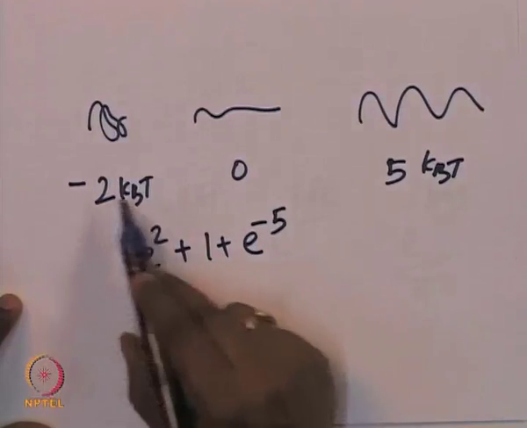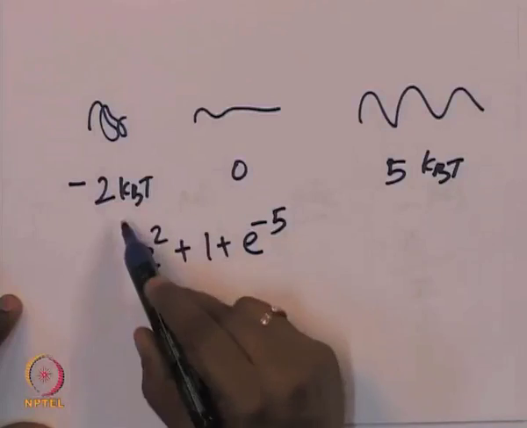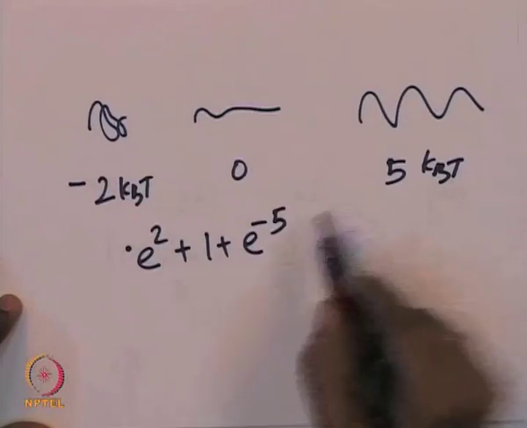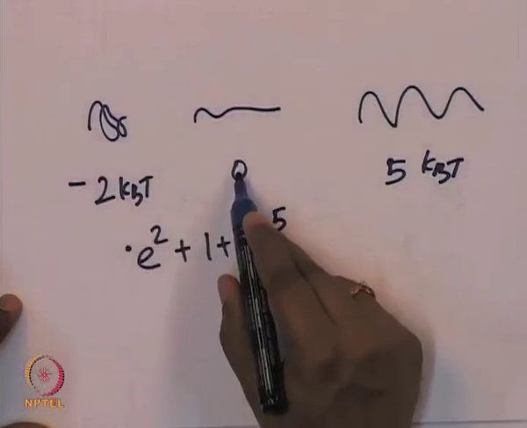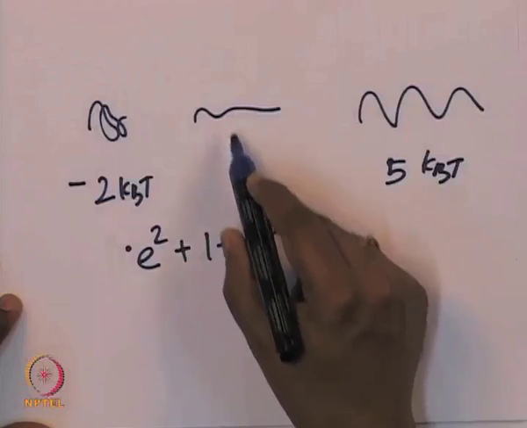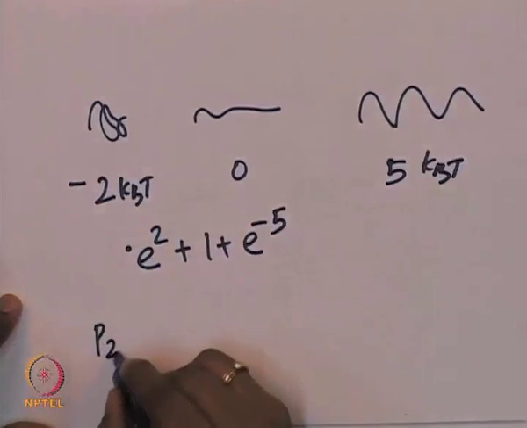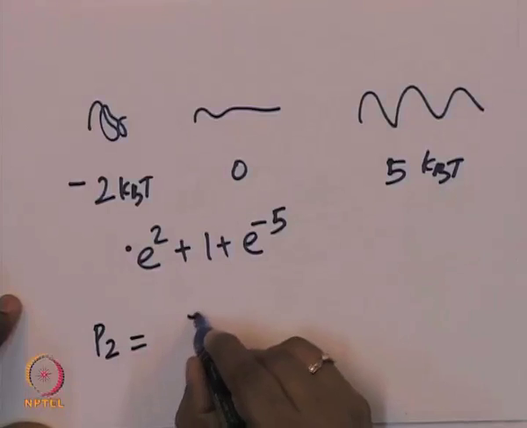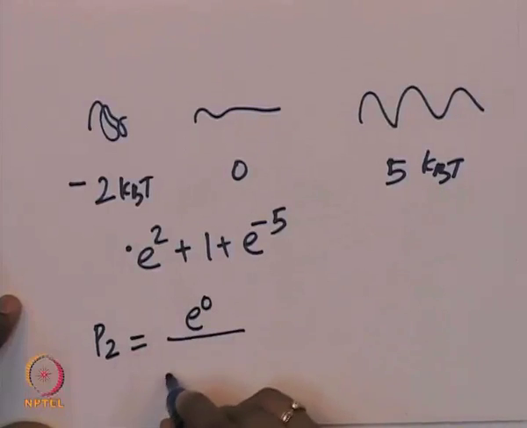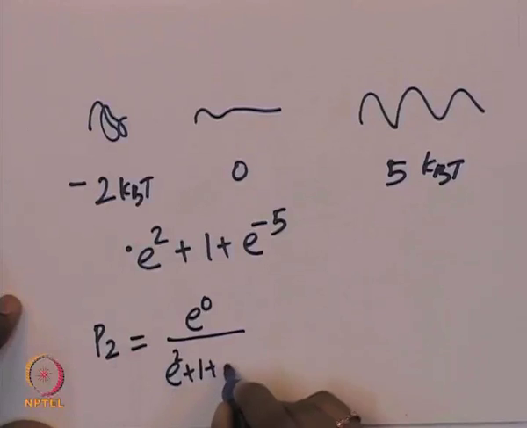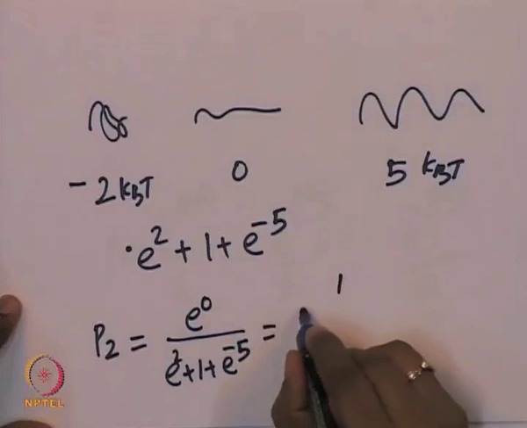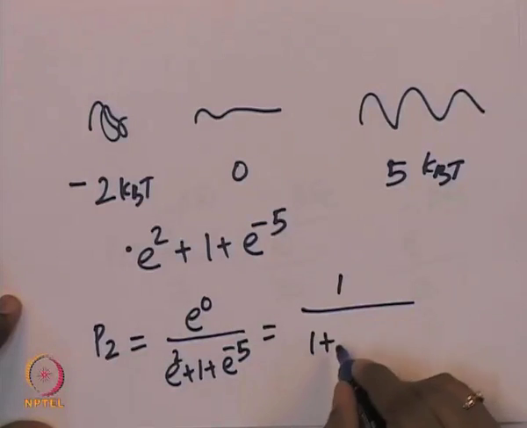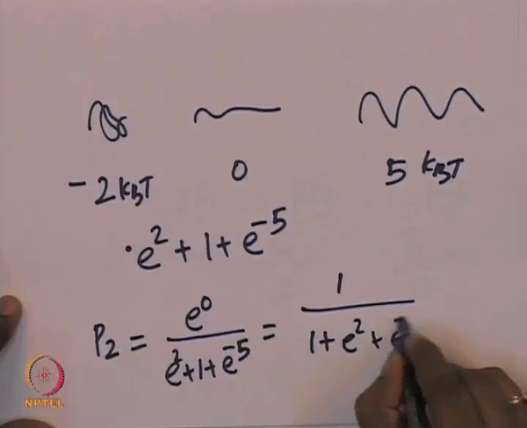Now the probability of finding the system in the middle state, P2, will be e power 0 divided by e power 2 plus 1 plus e power minus 5. That means, since e power 0 is 1, it is 1 divided by e power 2 plus 1 plus e power minus 5.